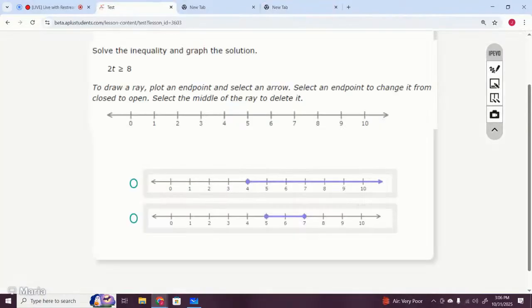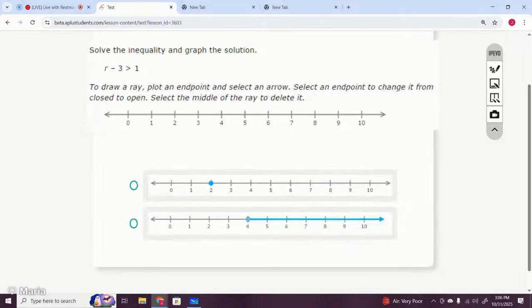So option number 1 is the correct option. There must be a closed circle at 4.